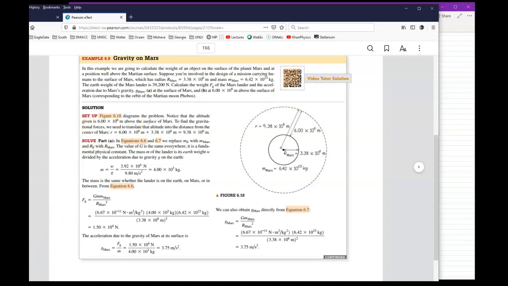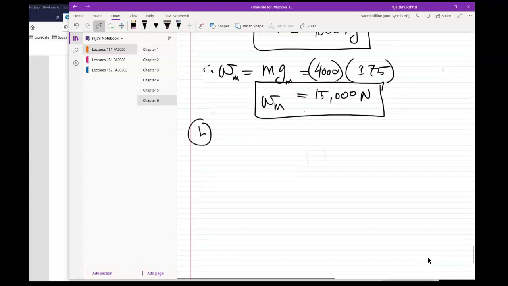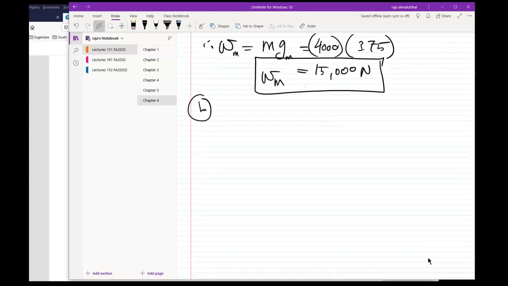Well, there are a couple of ways. So the second part says the following. Let me give you a picture. So here is Mars, right? He says if the Mars lander is in orbit around Mars, here's the Mars lander right here. Of course, that's the radius of Mars.